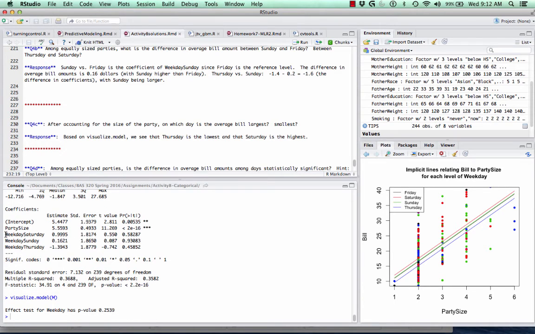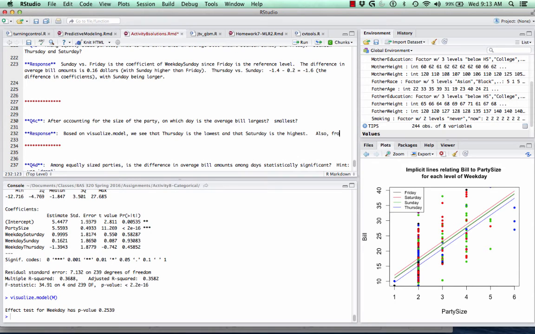Actually just by looking at the coefficients themselves. These coefficients are all with respect to the reference level. So with respect to Friday, Saturday is about $1 more than Friday. Sunday is about 20 cents more than Friday. Thursday is about $1.4 less than Friday. So clearly Saturday is the highest and Thursday is going to be the lowest. Same thing that we get out from these regression equations.